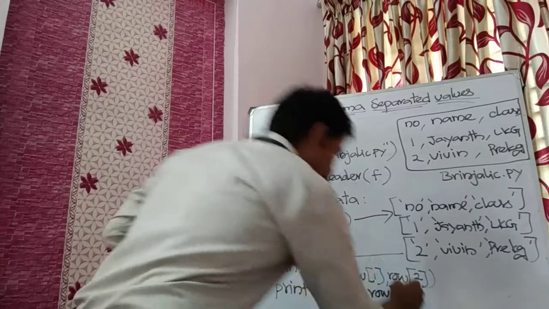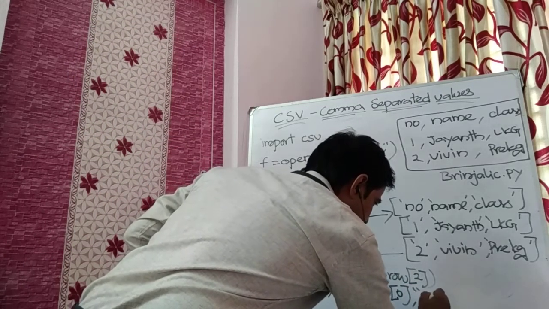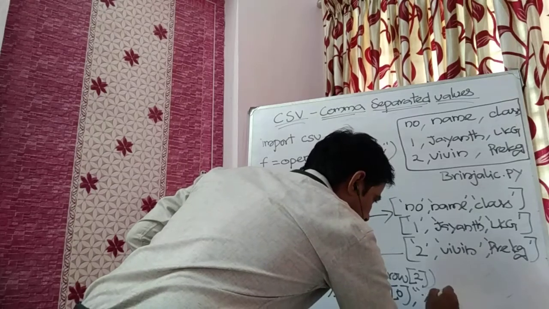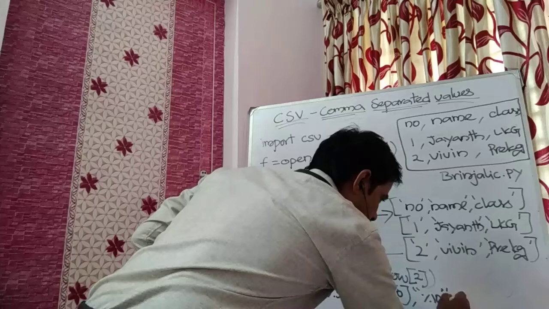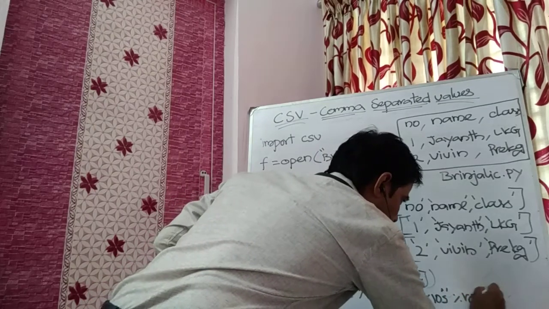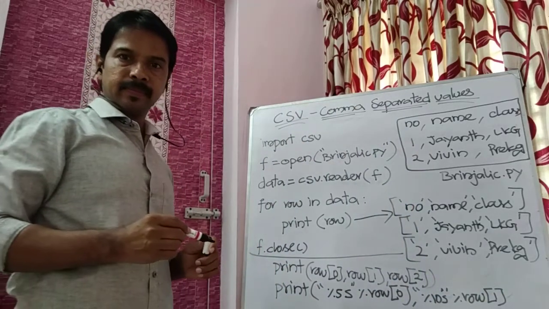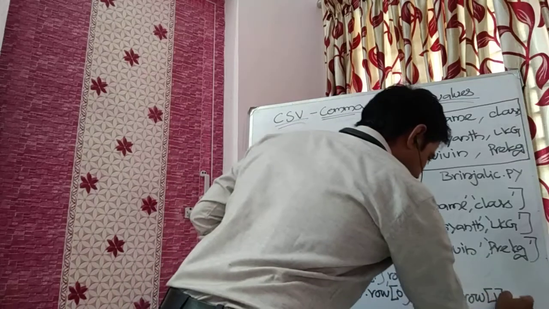Then comma, double quote, percentage 10 and percentage 10 yes, double quote, then percentage row of 1. And again the same way.